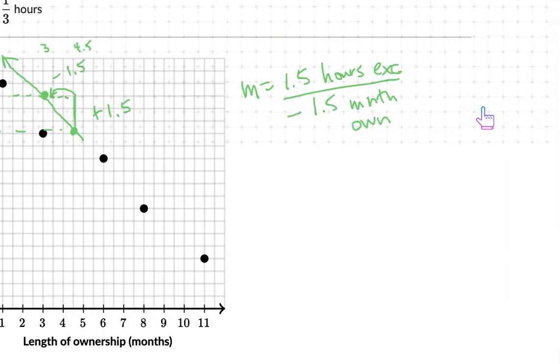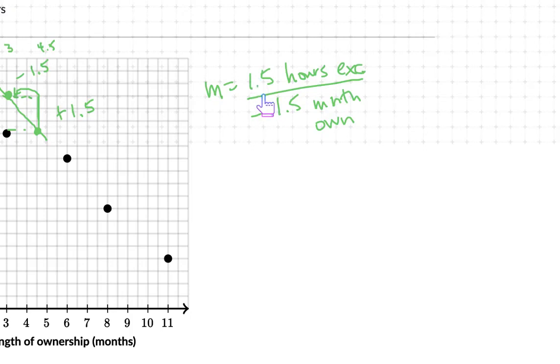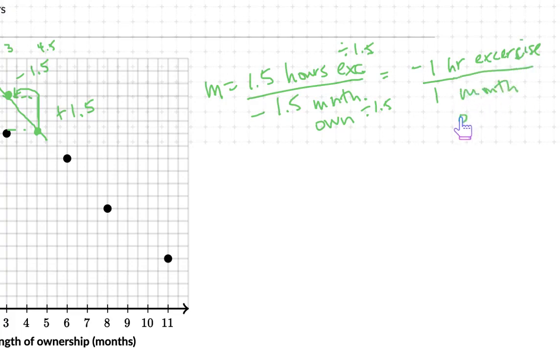I do have to divide them. 1.5 divided by 1.5 is 1. So we're going to have 1's on top and bottom because they're both being divided by 1.5. I do have a negative, so I'm going to put that negative on the top. So this is hours of exercise, and on the bottom, it's 1 month of ownership.